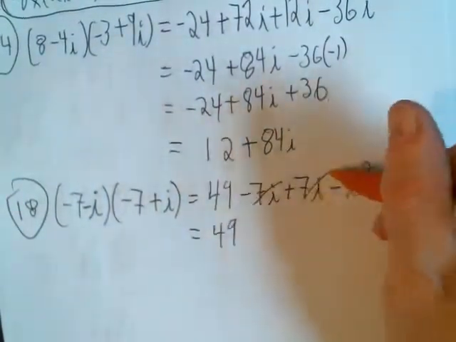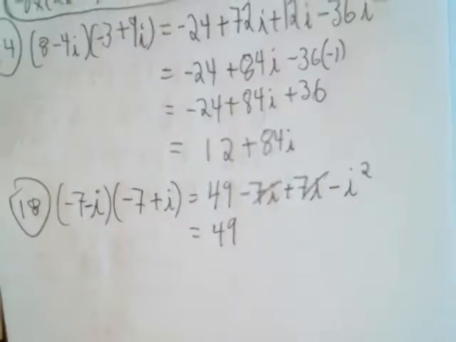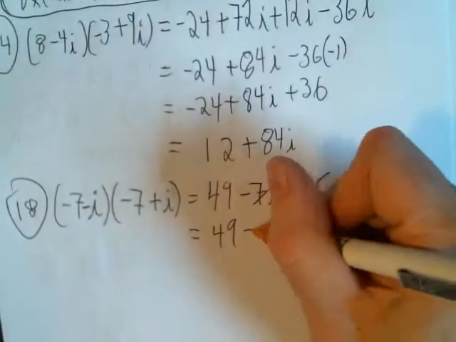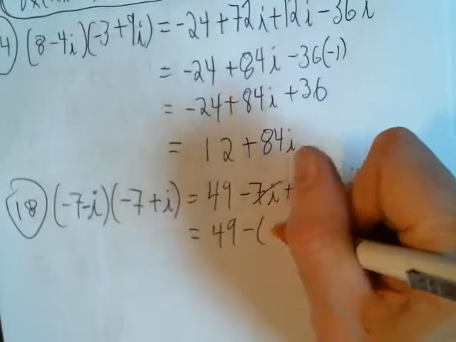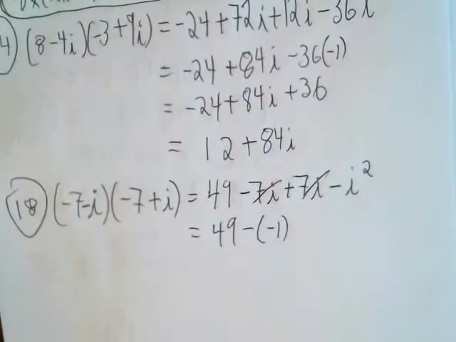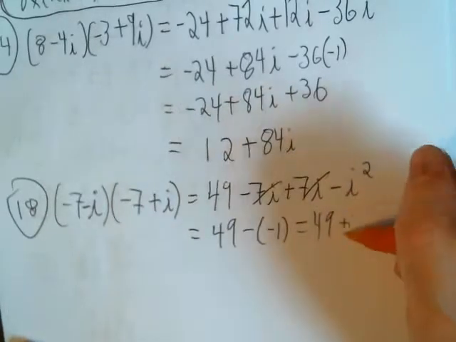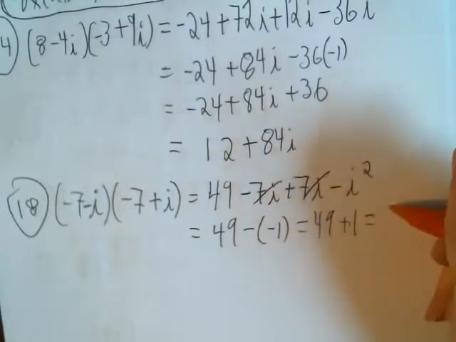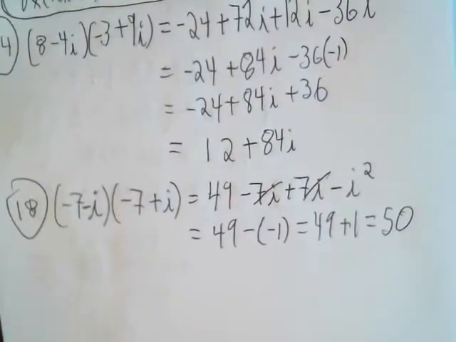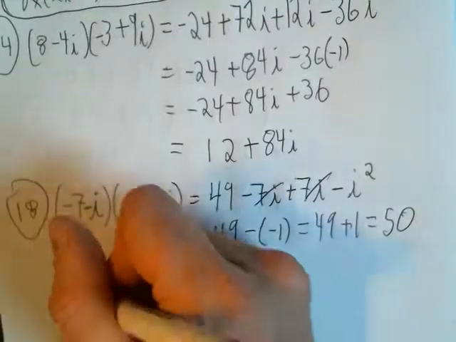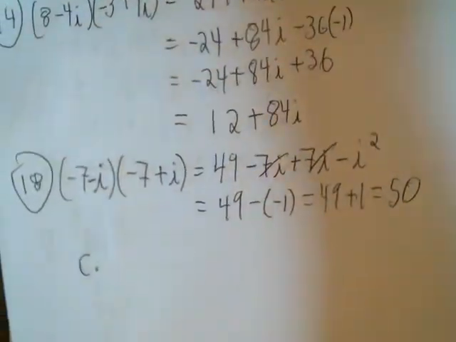The two middle terms are additive opposites, so they're gone. And then minus i squared, which is the same as minus negative 1. So the cool thing about this is the imaginary part goes away. You're just left with a real number. So we'll use that in division to simplify our division problem.